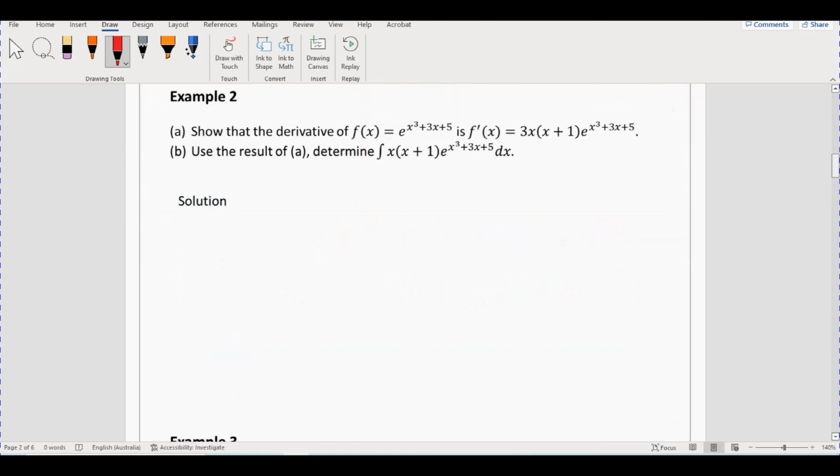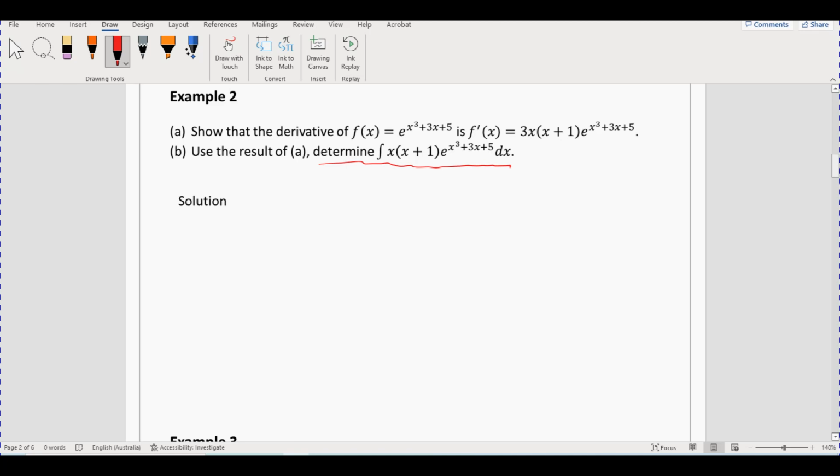This time, let me jump to part B. If I ignore the result of part A, is it possible for me to determine that integration without any help from part A? You can think about this, but the answer is no. You can try, but you won't get your answer. You really need help from part A.